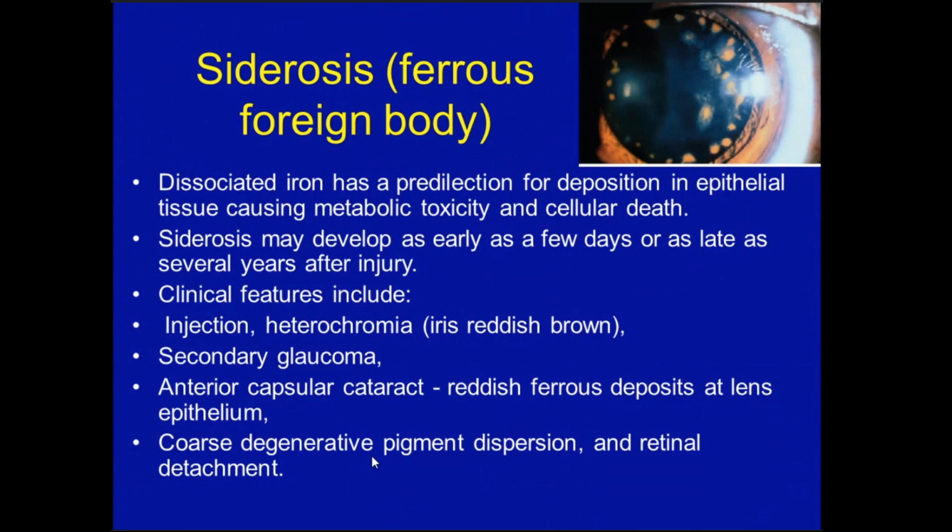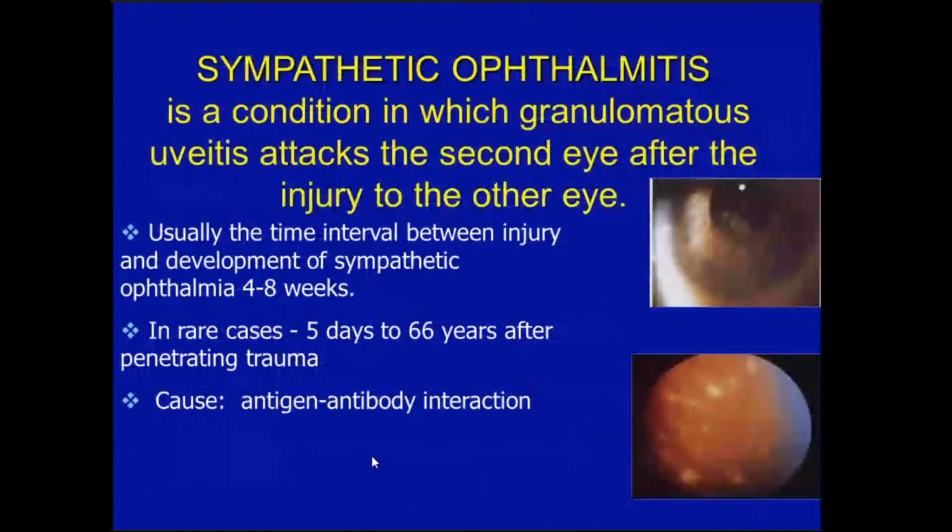Clinical features include redness, heterochromia of the iris, secondary glaucoma, anterior capsular cataract, also reddish ferrous deposits, and we can see pigment dispersion and retinal detachment.